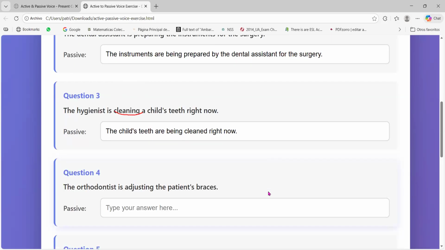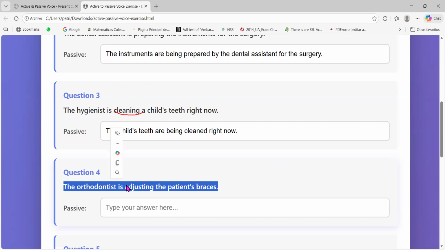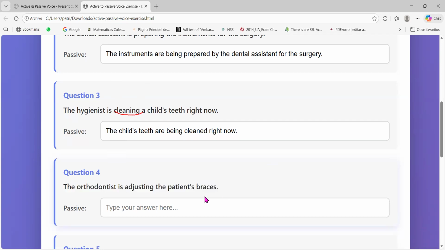Next one. Number 4. My dear Dianel, are you there? Yes, teacher. Sentence in progress: the patient's braces is adjusting.